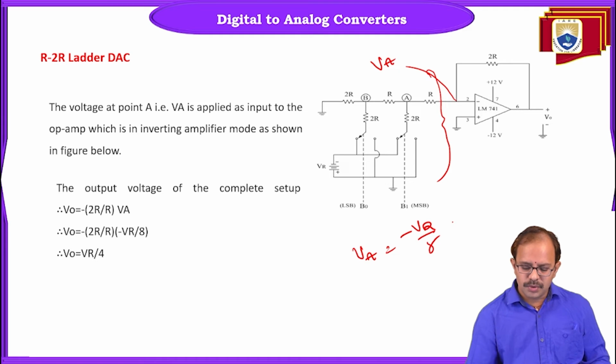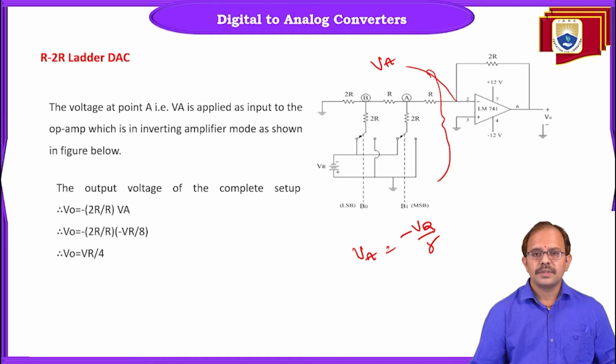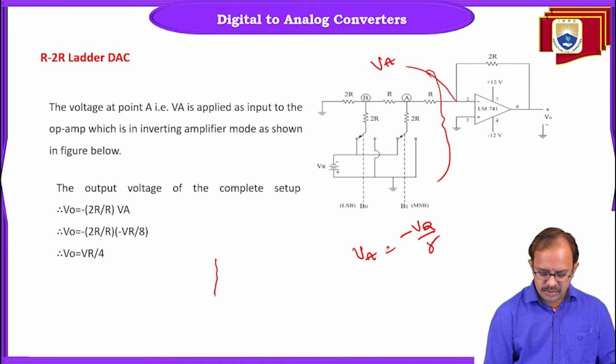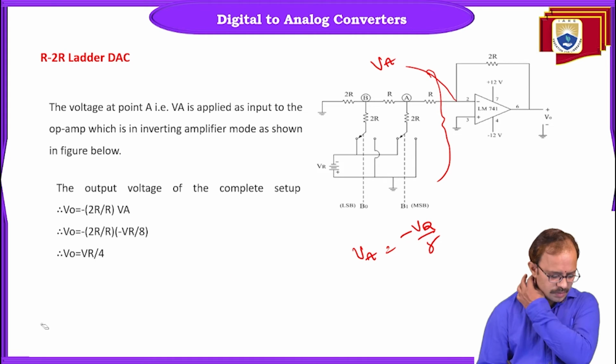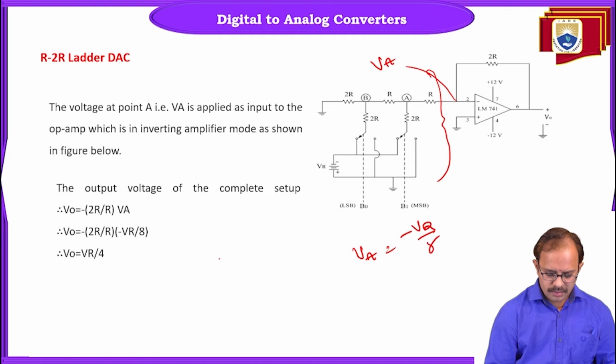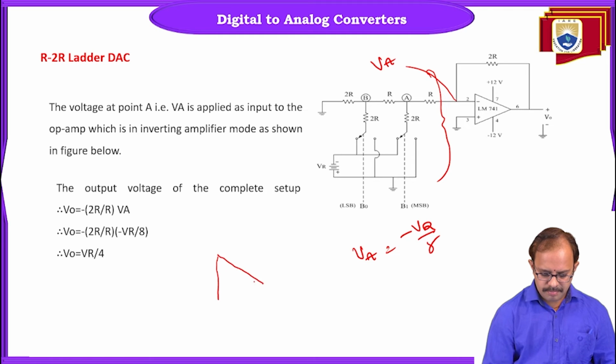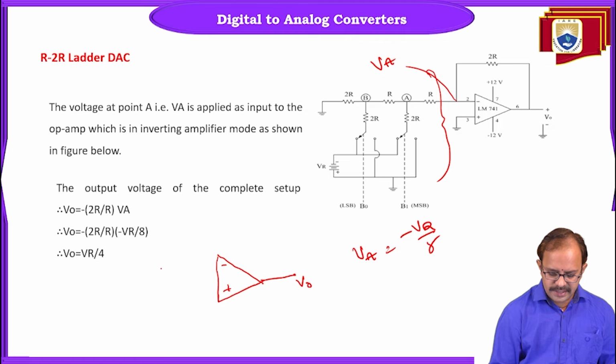So this is the input to the inverting amplifier. So let us redraw this quickly. We have an inverting op amp with output as V0. So this inverting terminal holds a value of VA.